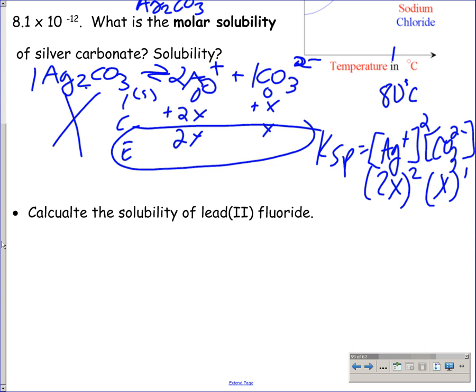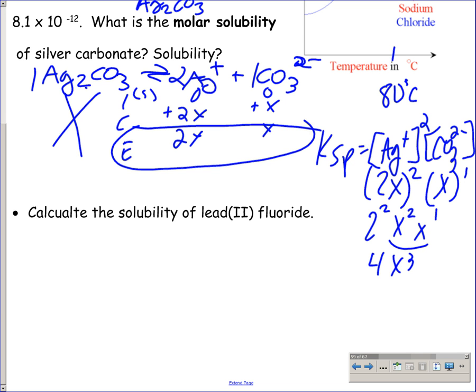I'm going to wait for the right answer. Think about it, guys. I love you guys, but 2 squared, x to the first. 2 squared is 4. This comes together to be x to the third.